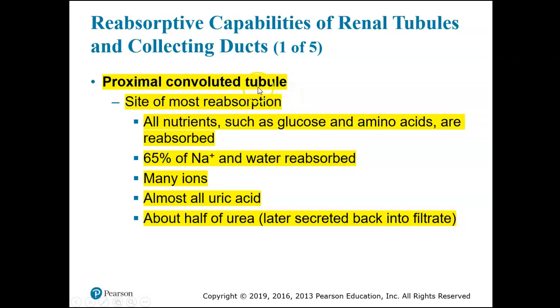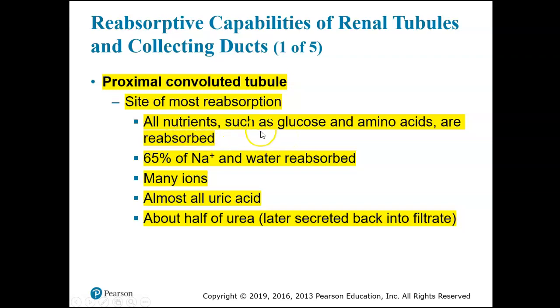The proximal convoluted tubule is where the filtrate goes right after it leaves the Bowman's capsule. Everything's been filtered out of the blood besides the red blood cells and the large proteins. So we want some of that important material like nutrients back in the blood.